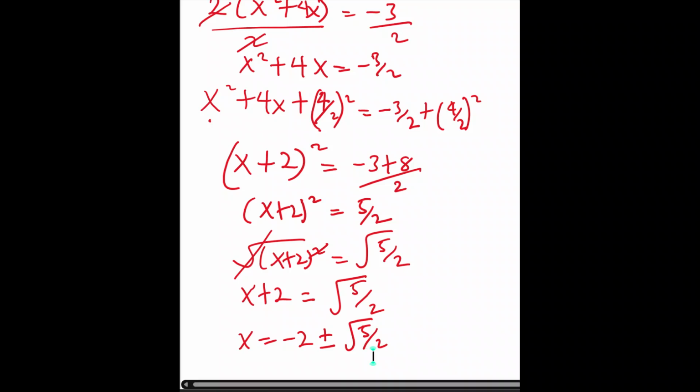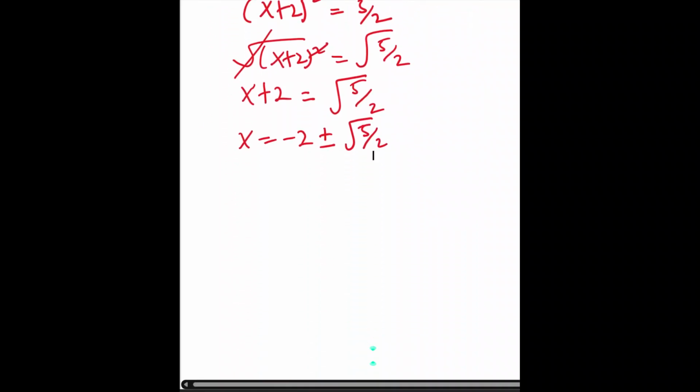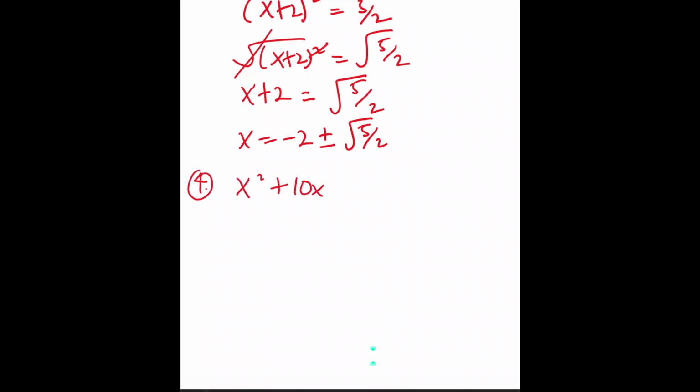I'm going to do one more example before I end this video. So number 4, we have x squared plus 10x minus 7 is equal to 0. We take this to the other side, so that'll be x squared plus 10x equals 7. We are going to find the half of 10.